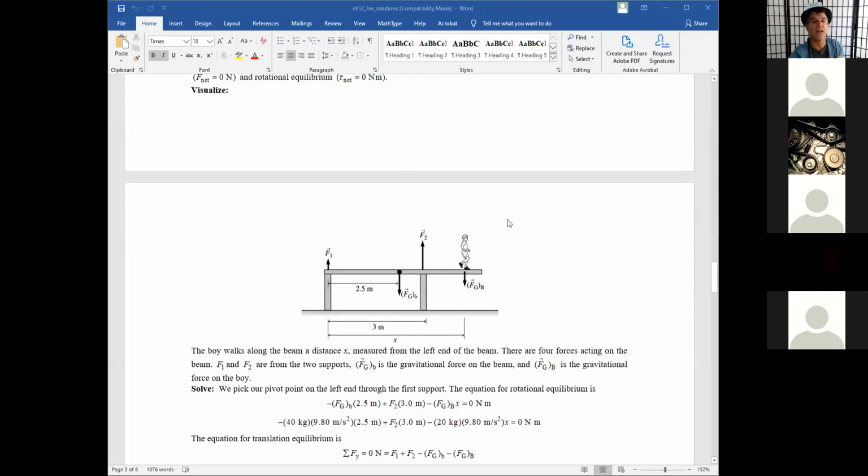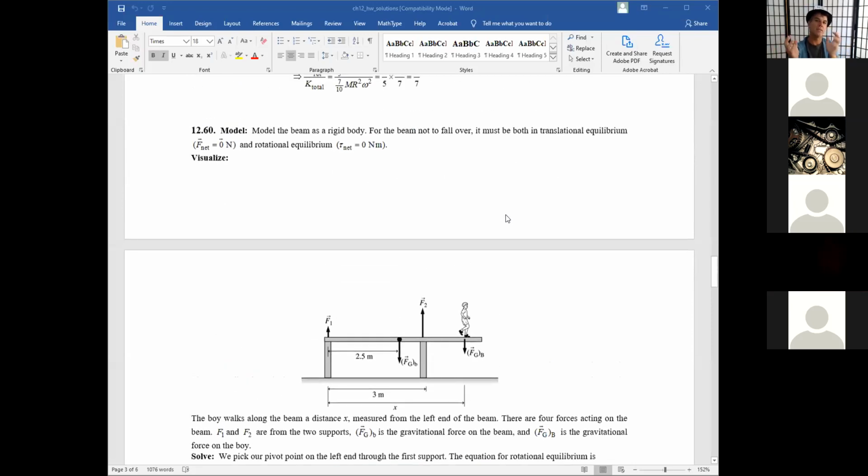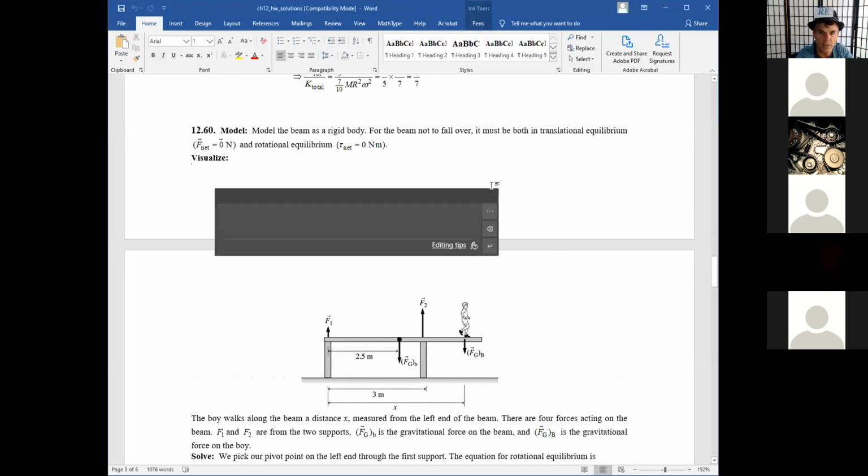Okay, so this is one I definitely didn't cover in enough detail. Now I just lost this. Share screen, homework solutions. I can't write on this.